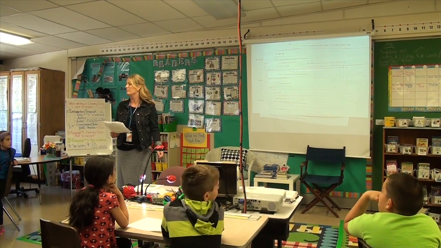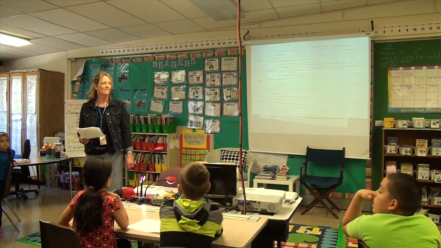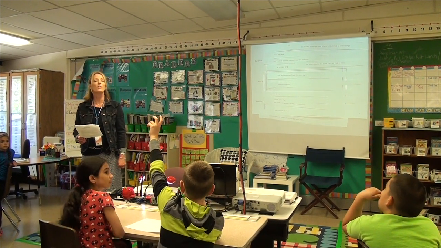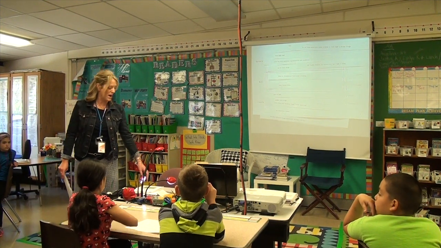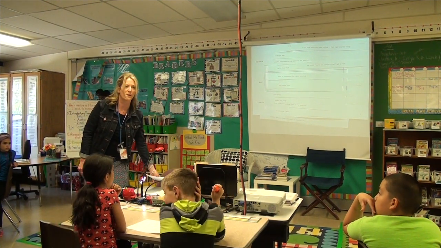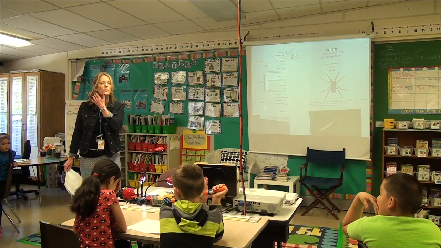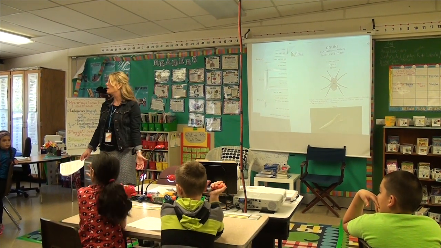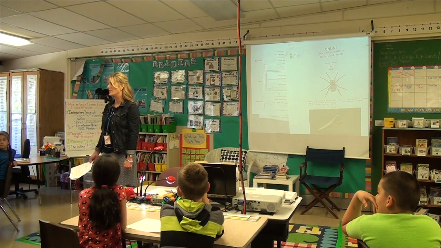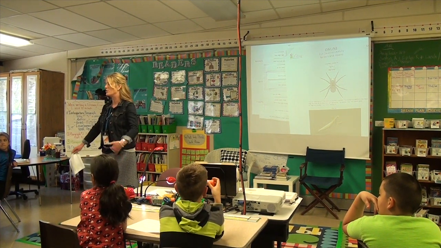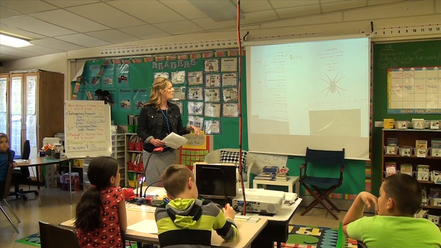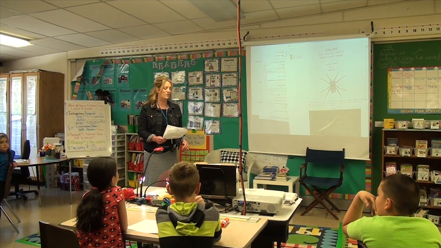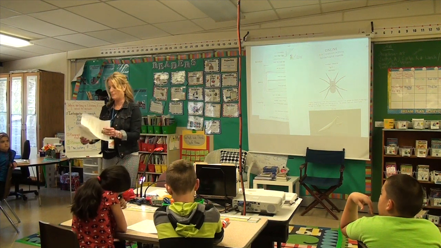Do you know what a limb is? Owen, do you know? Your arms and your legs. So when you're thinking about a spider, what are their limbs? And an insect, what are their limbs? Their wings. Their arms, and would their wings be a jointed limb? No. Are they jointed? No. But their legs have the joints there that bend and move.